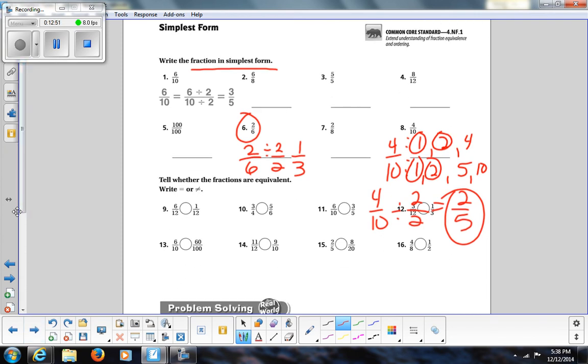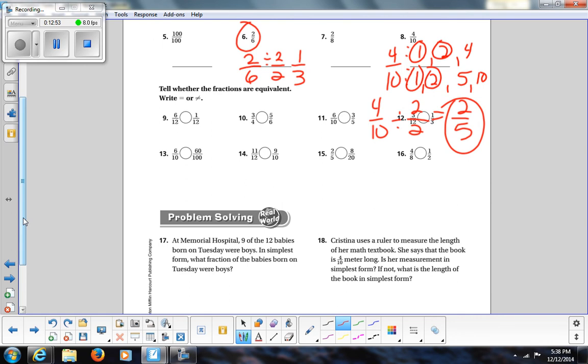All right. We're going to tell whether these ones are equivalent or not. Let's start with this one, 6/10s and 60/100s. Okay, how do I get from 10 to 100? I multiply by 10. Okay, 6 times 10 is 60. 10 times 10 is 100. And so these are equivalent fractions.